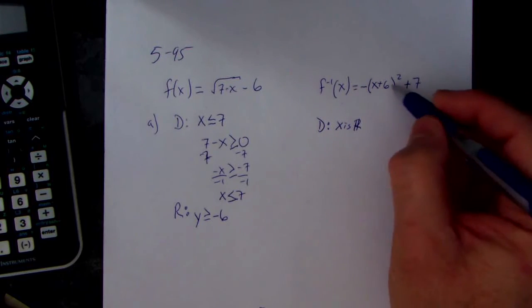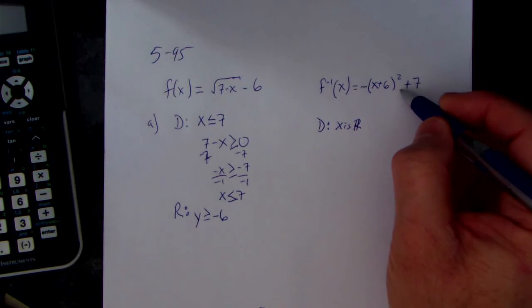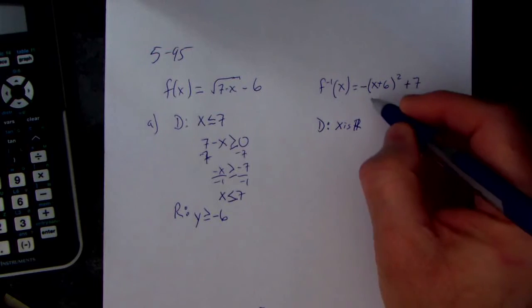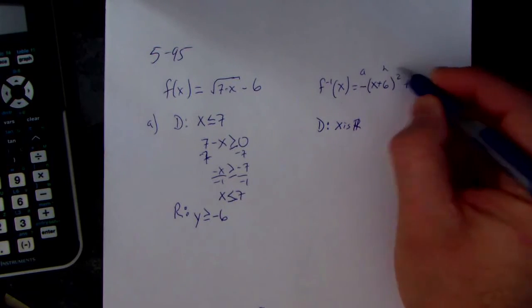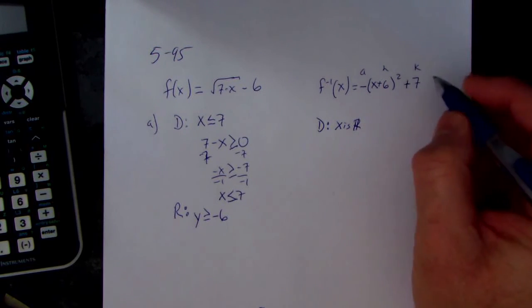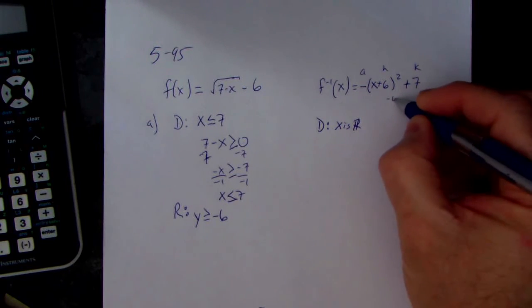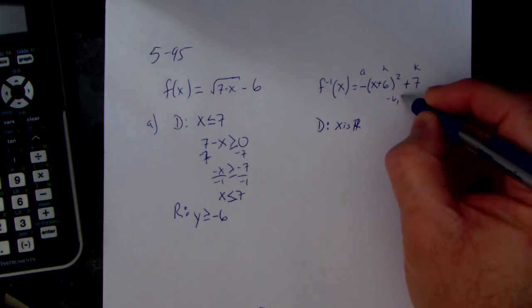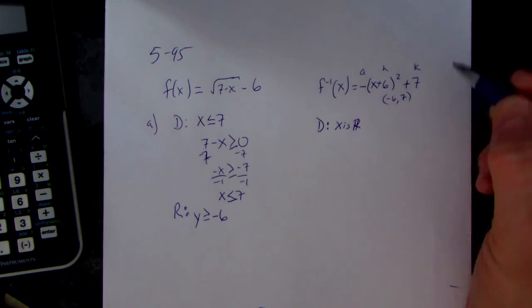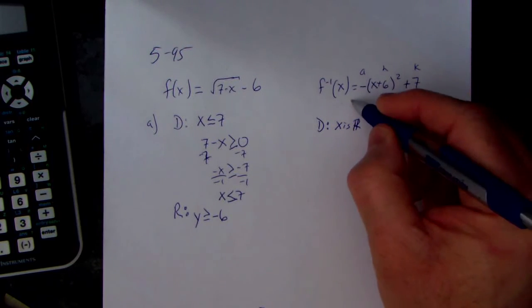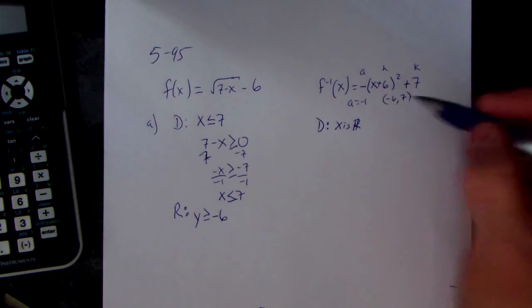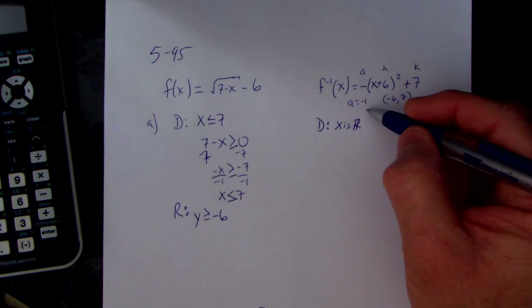Now, looking at this, this is in graphing form. So you've got a, h, and k. In this case, the vertex is at -6, -7, and a is -1, which means it's a downward pointing parabola.